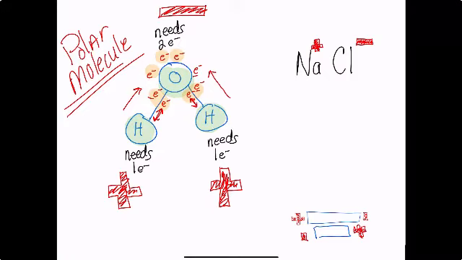So water is a polar material, just like a magnet. Magnets attract opposites. The positive attracts the negative, which attracts the positive. You have a positive sodium. When you put it in the water, it dissociates, it separates.